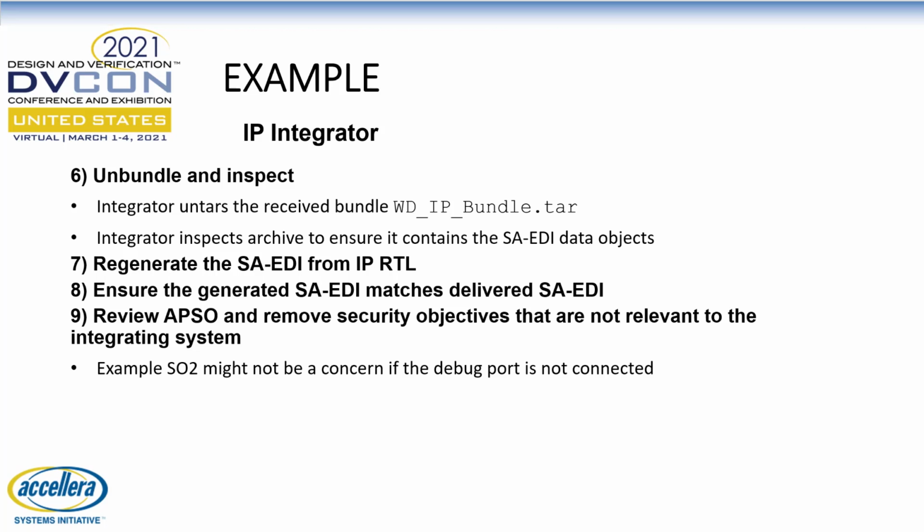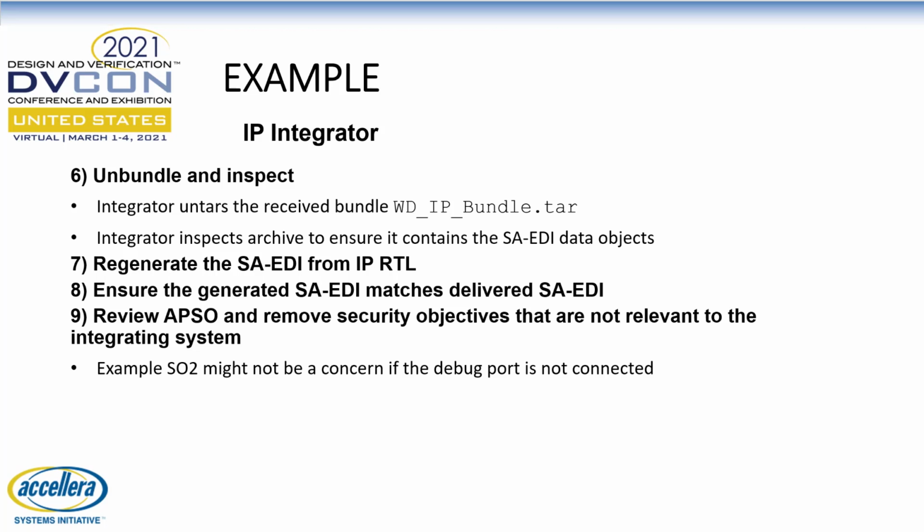So let's look at what the IP integrator ought to do. First step, which is the 6th in our flow, is to unbundle and inspect. The integrator will untar the received bundle and will inspect the archive to ensure that it contains SA-EDI data objects.